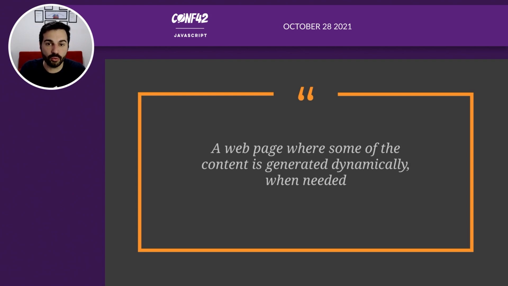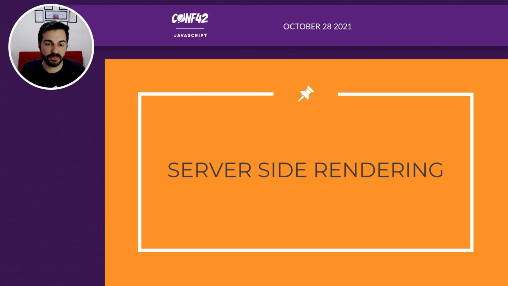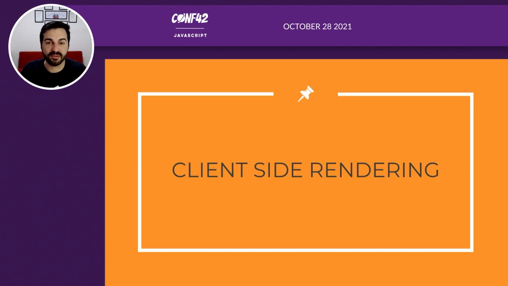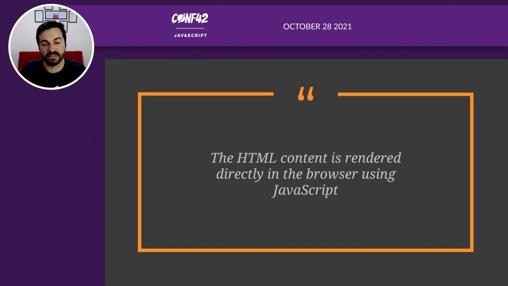We have two main methods of rendering this dynamically generated HTML content. One of these methods is server-side rendering, where the HTML content is generated by the web server and returned to the user as if it were an HTML file. On the other hand, we have client-side rendering, where the HTML content is rendered directly in the browser using JavaScript.